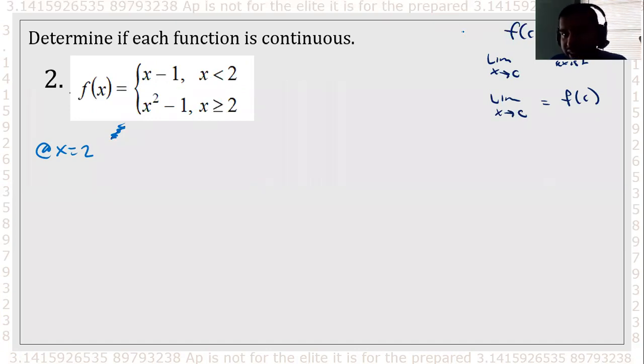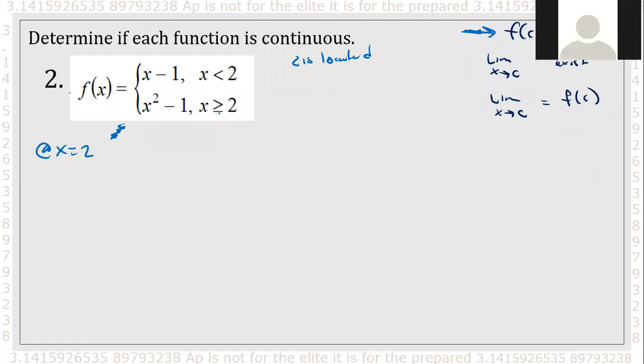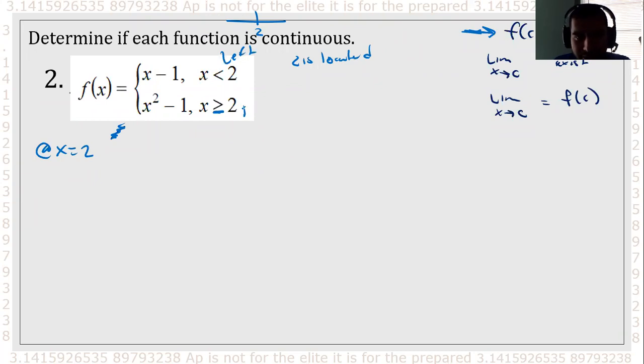So let's go ahead and do this. The first one says, is f of c defined? Well, let's think about it. Which one of these includes 2? Two is located in this one, because it has a little equal sign, right? This right here, x is less than 2. If I do my number line, this is 2. If it is less than 2, this is my left. This is my right. So 2 is only included on this one right here, because it has that little bar.